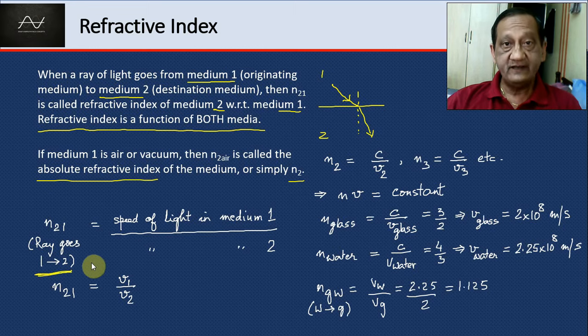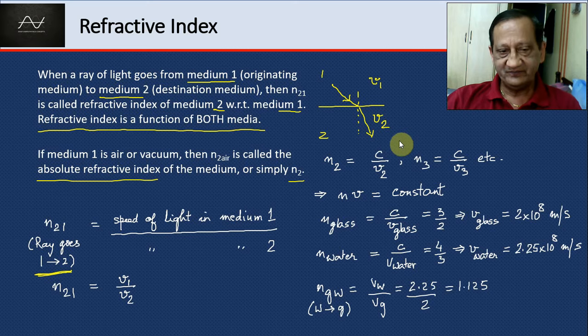When you say N21, refractive index of medium 2 with respect to 1, we are saying that the ray is going from 1 to 2. That is basically the ratio of the speed of light in medium 1 divided by the speed of light in medium 2. So the speed of light is v1 here and v2 here. The speeds are different. That is why refraction is occurring. So N21 is v1 by v2. All right.